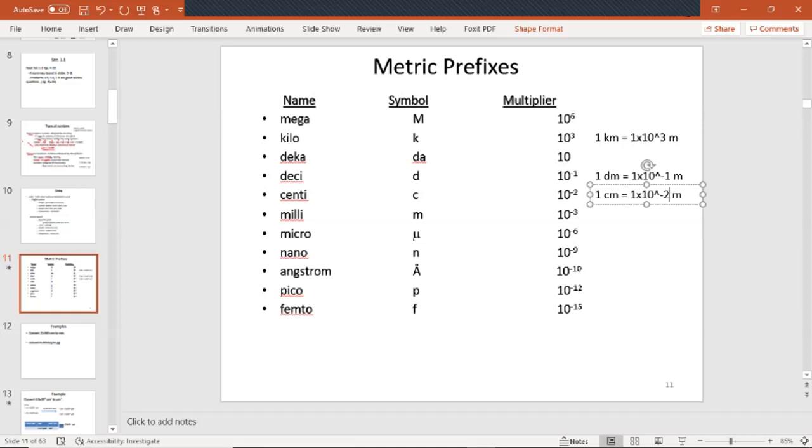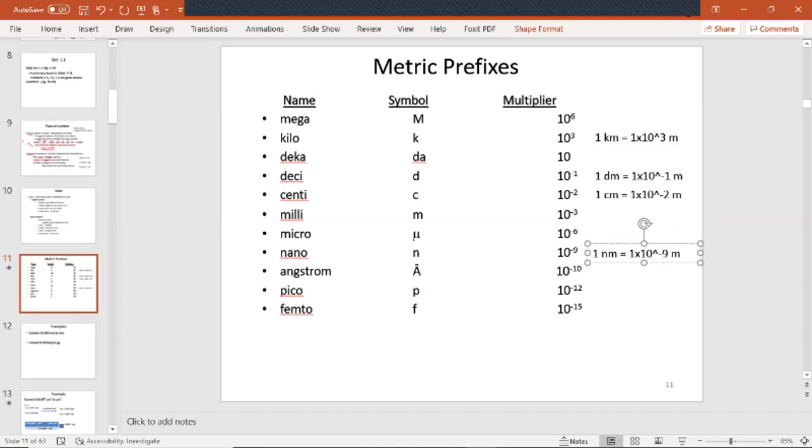Our base unit here is meters. Our prefix is the K, the D, the C in front of meters. And we'll do one more. For example, 1 nanometer is 10 to the negative 9 meters.